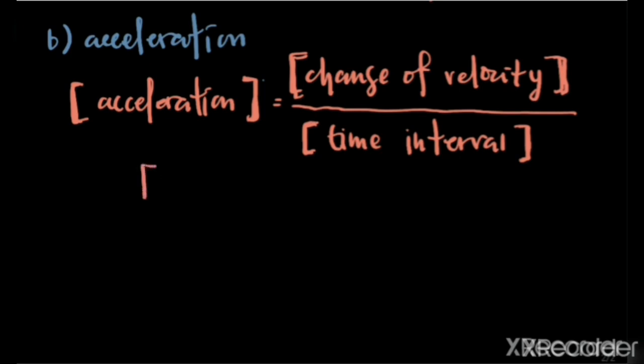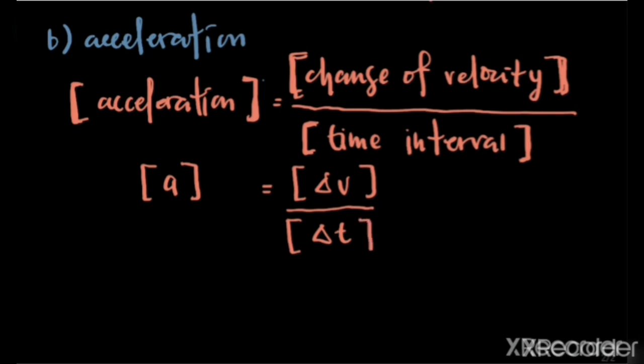So the dimension for acceleration equals the dimension for change of velocity, delta v, divided by the dimension for time interval, delta t.